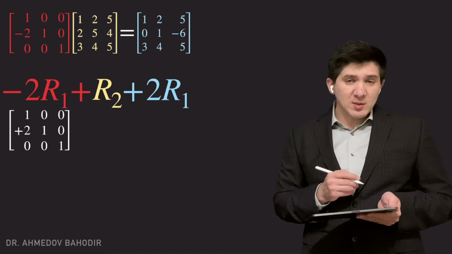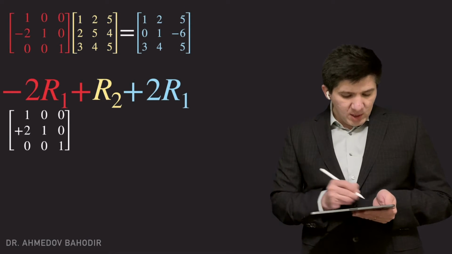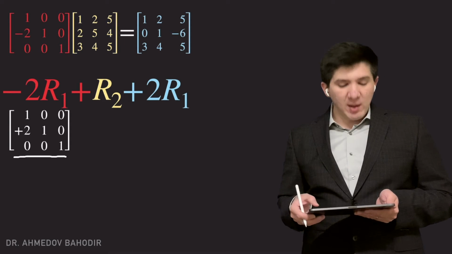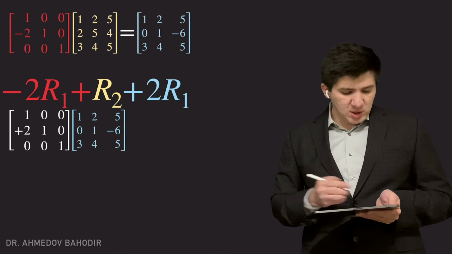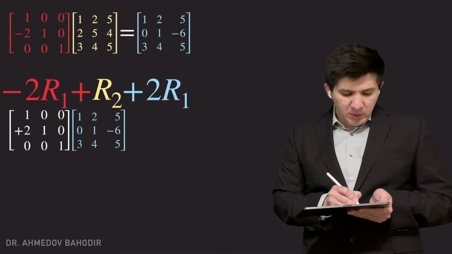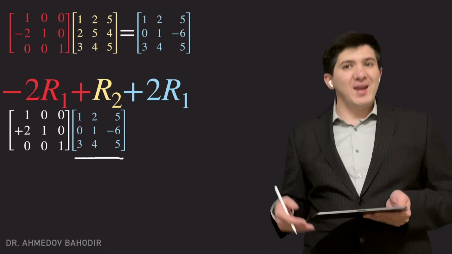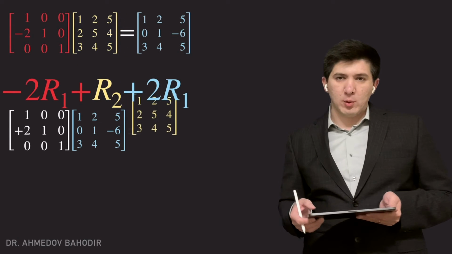The multiplication of the first row by 2 and adding this to the second can be done using this matrix, right? I have to multiply this with the blue matrix. What this operation does is multiply the first row of the blue matrix by 2 and add this to the second row, and I will get the yellow one.